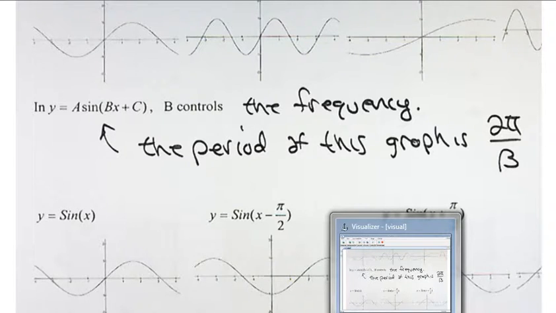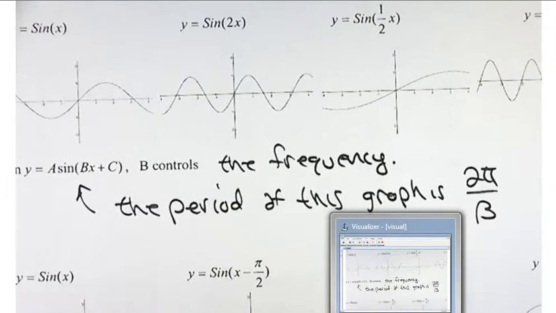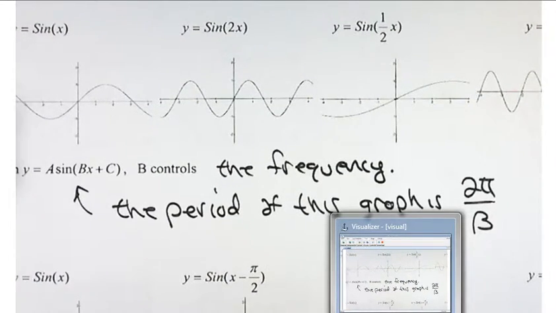So the bigger it is, the shorter the period. And the shorter the period, the more often it's going to go up and down. It's going to increase the frequency. The frequency is the reciprocal of the period. So basically, Jeff, if the number is multiplied by the function, then it has something to do with how high up and down the function goes.